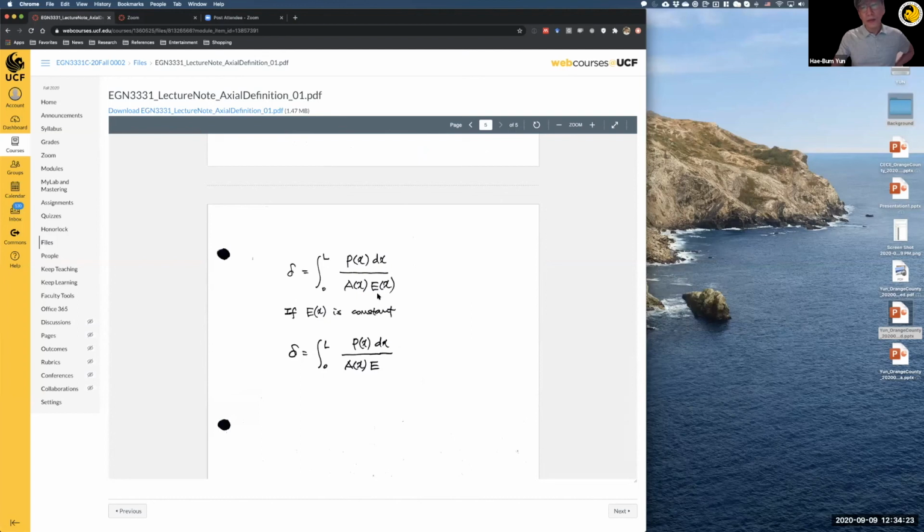And if the material is uniform in x, then E becomes a constant, so it can be taken out of the integral. So then we have this equation for a variable cross section.